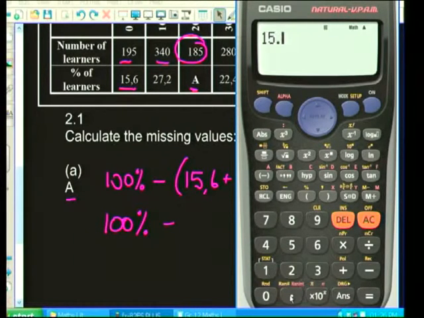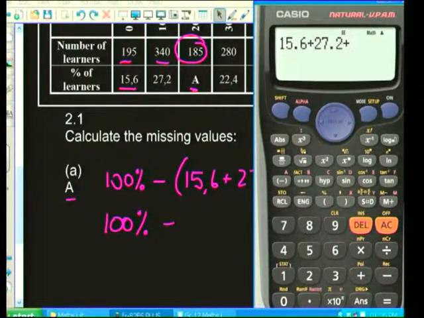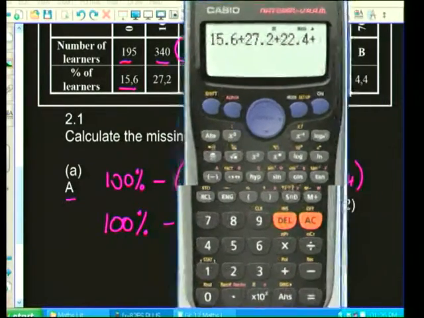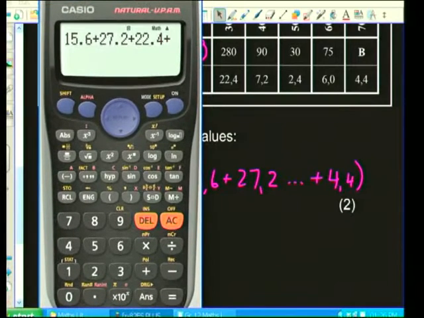Right, we've got 15.6 plus 27.2 plus, we don't know what A is, 22.4 plus 7.2 plus 2.4. Double check that you're typing in the correct numbers. Plus 6 plus 4.4. And I get an answer of 85.2.